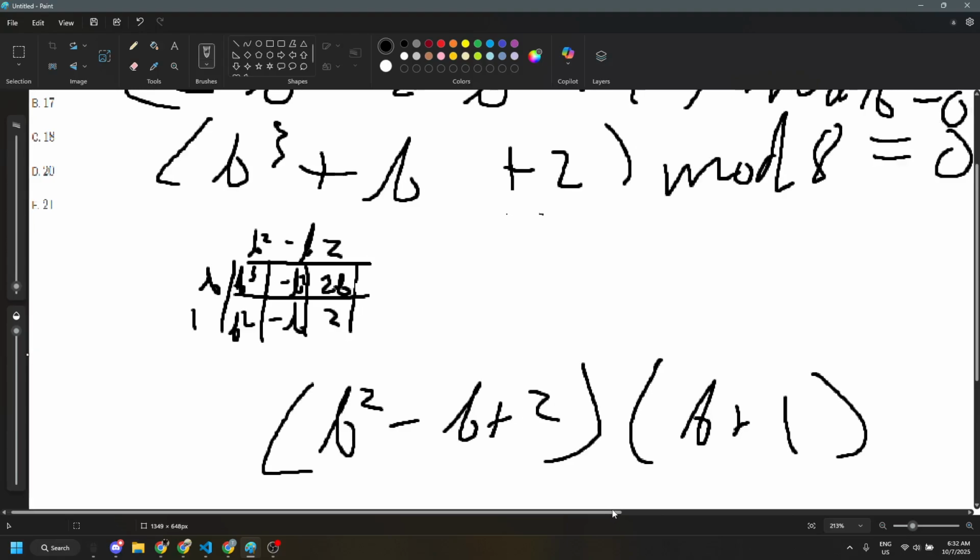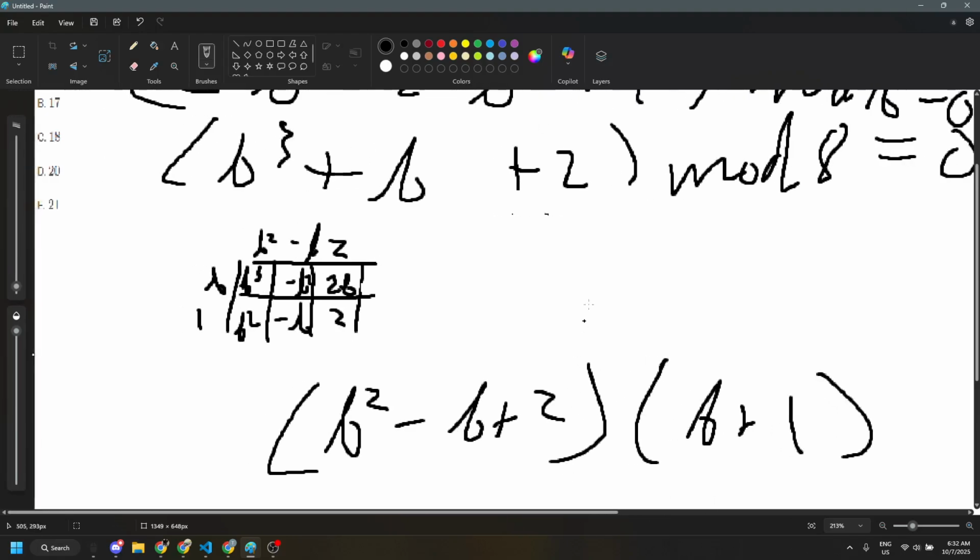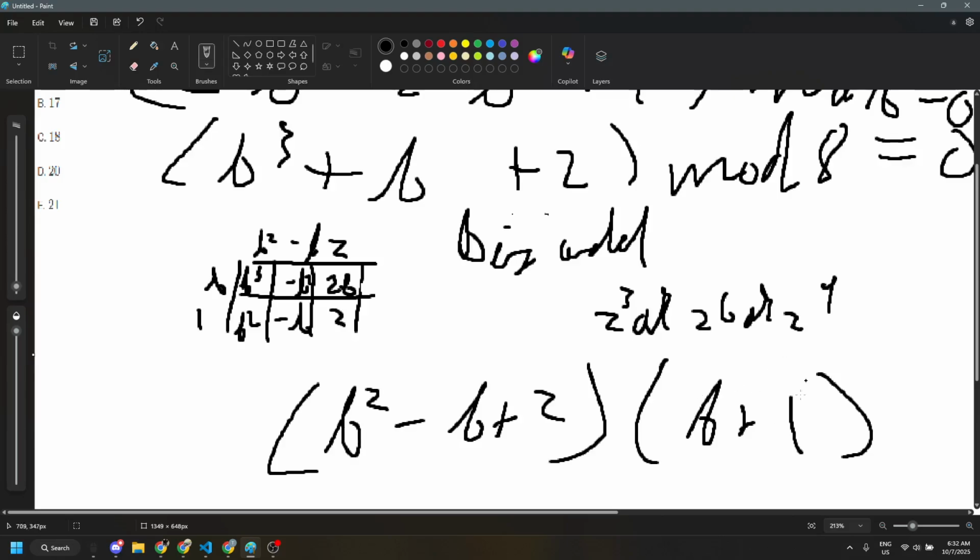So these just have to have the factors of 2 cubed in here, and solely 2 cubed, or 2 to the 6, or 2 to the 9. Like this. Okay, so this is going to be odd. B is odd, because this has to be even.